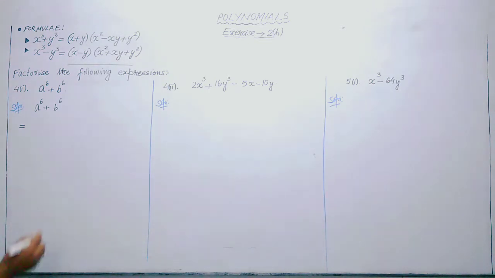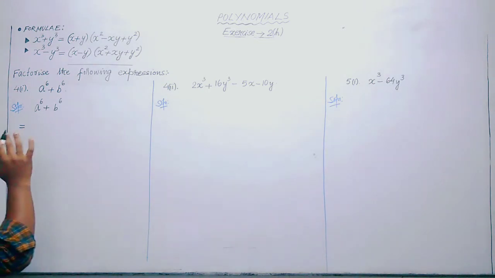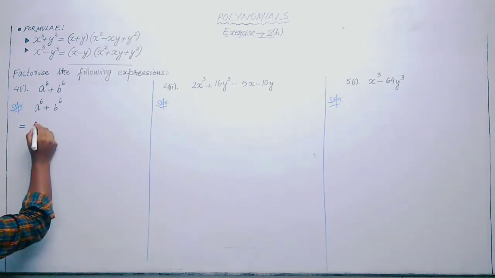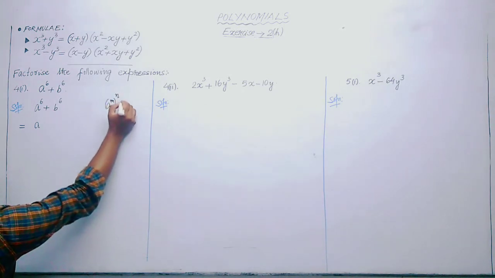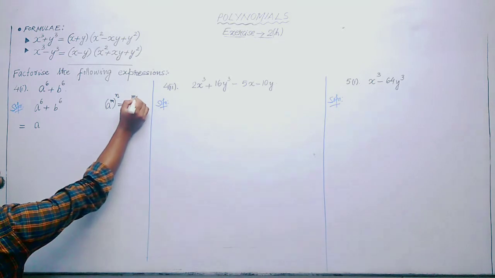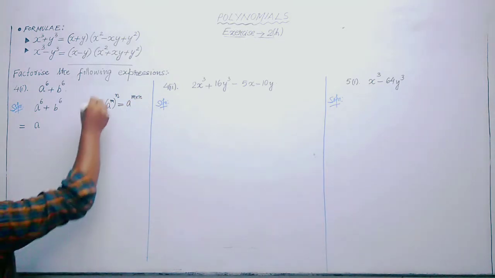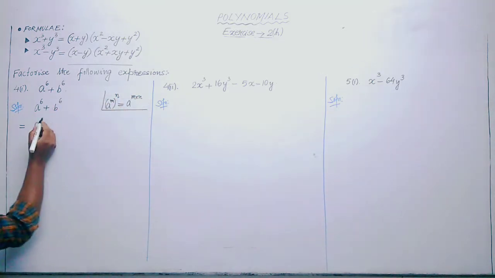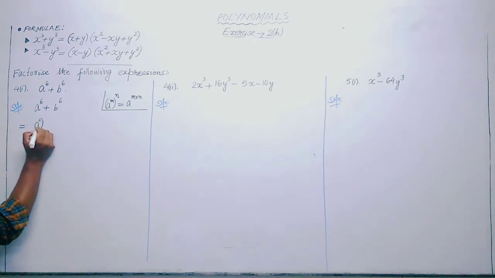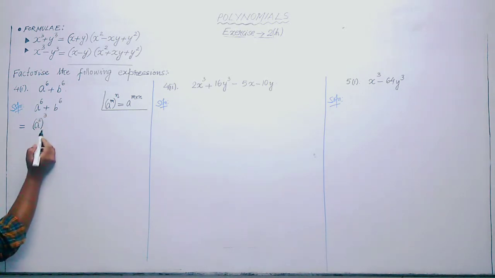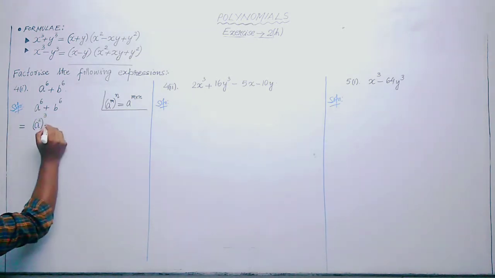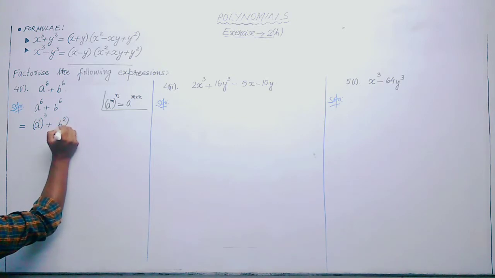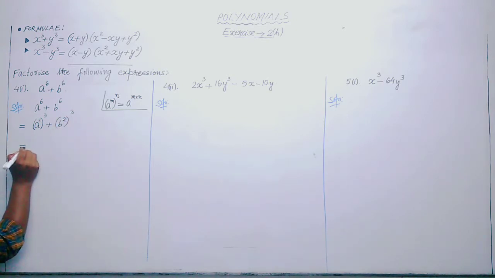If you remember the laws of exponent which says a to the power m to the power n equals a to the power m into n. Now I shall use the same identity here. I'll write down a square first, then I'll write to the power 3 because 2 into 3 will give me 6 following this identity. Similarly, I'll write down b square whole thing to the power 3.